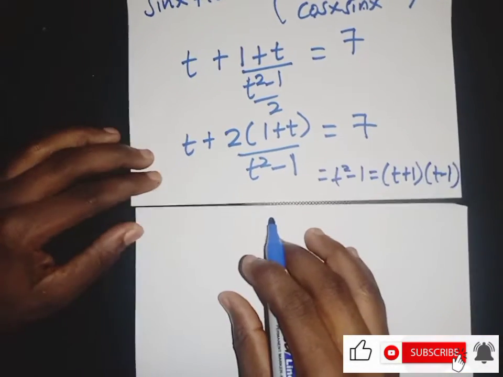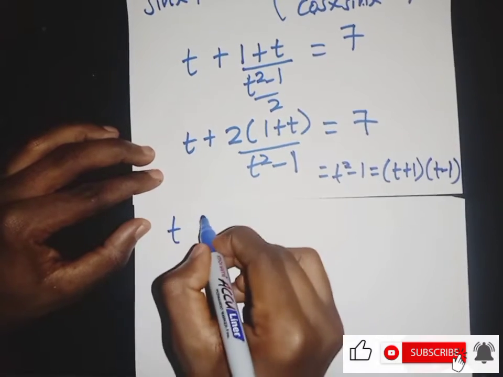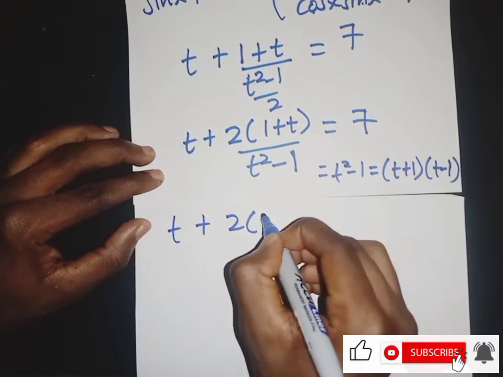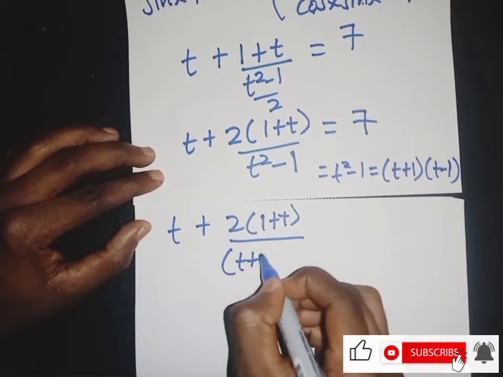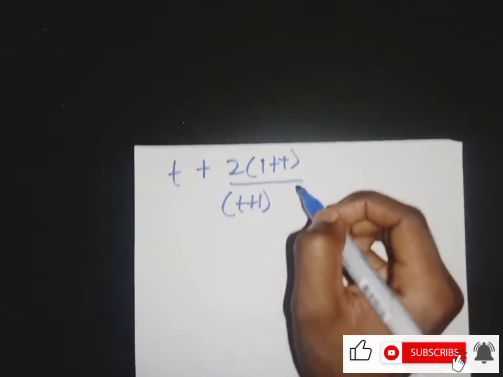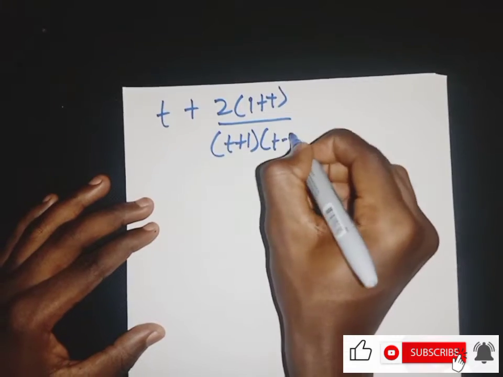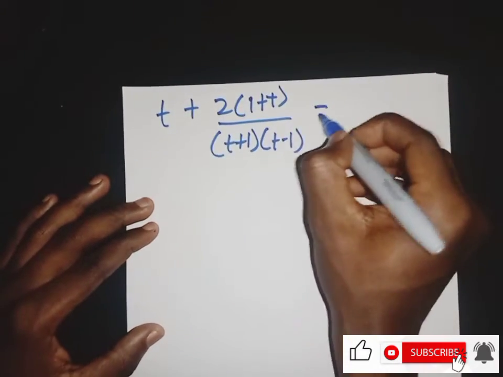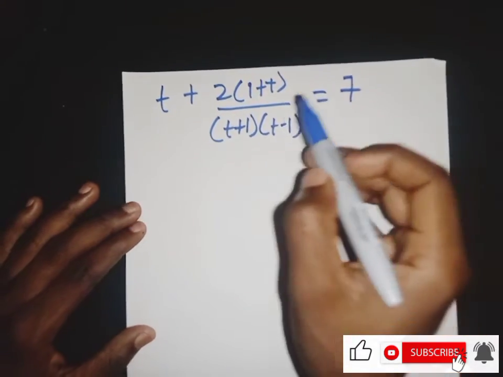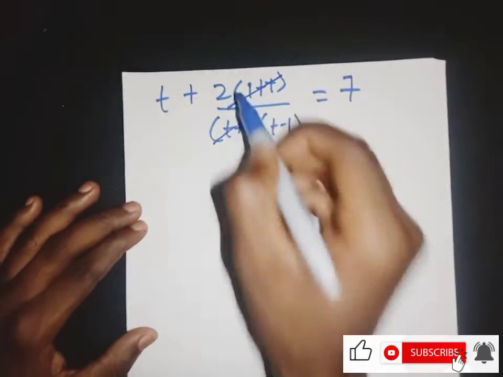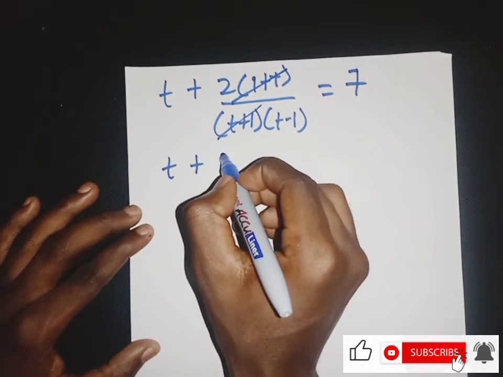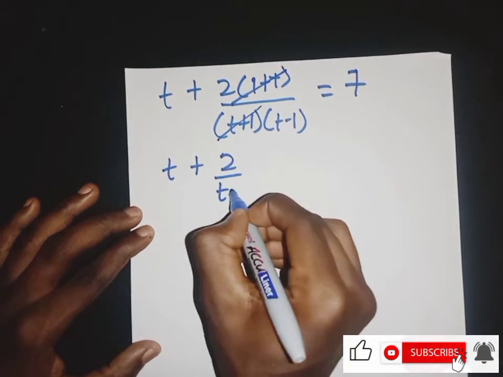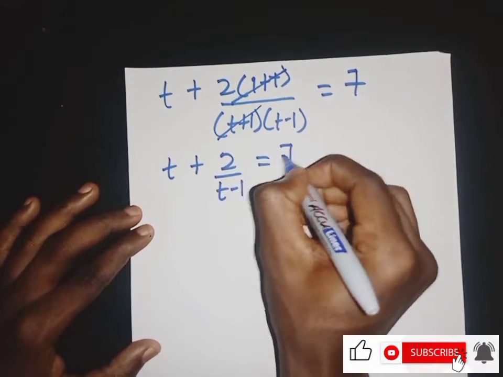Let's substitute that: t plus 2(1 plus t) over (t plus 1)(t minus 1) equals 7. With this we get rid of the common factor, and we are left with t plus 2 over (t minus 1) being equal to 7.